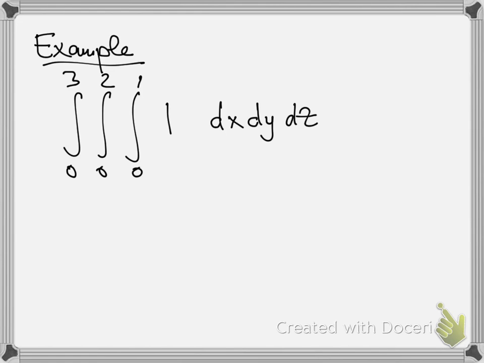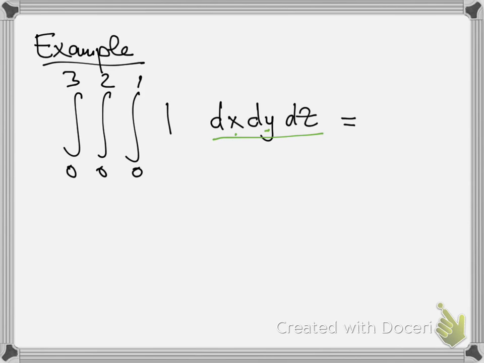So first, of course, this is the order of integration. Same story. First, we integrate with respect to x, then with respect to y, then with respect to z. So we integrate with respect to x first.